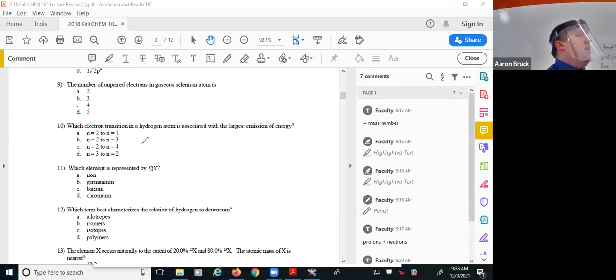What element is selenium? It's Se. Okay. Se is in group 16. How many valence electrons are in selenium? 6. So if you remember your Lewis dots, we have to draw 6 dots around the selenium, which means that 4 of them would be paired and 2 of them would be unpaired.